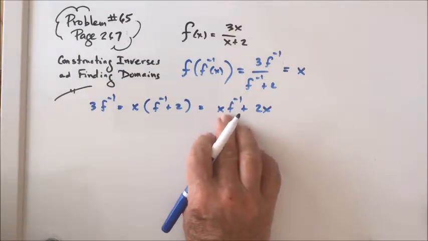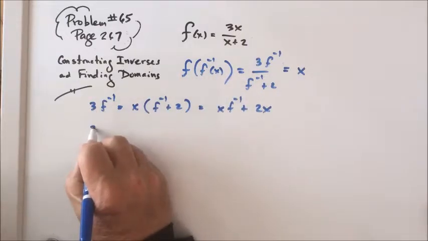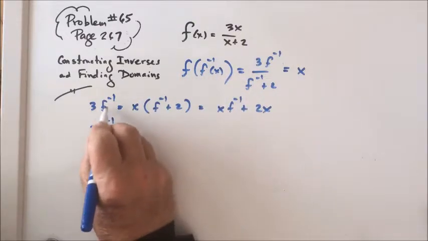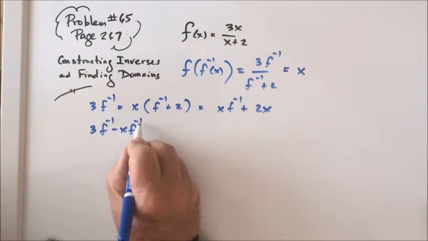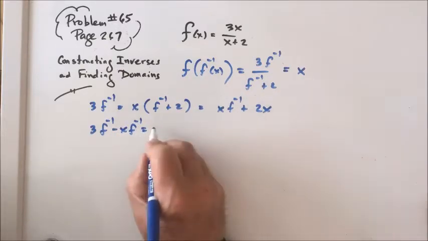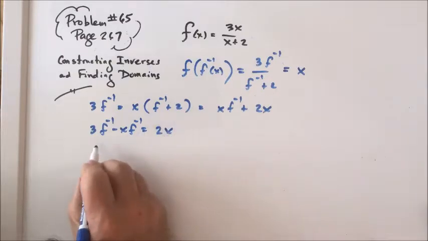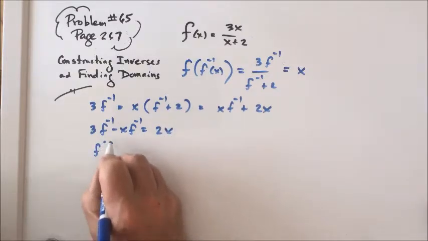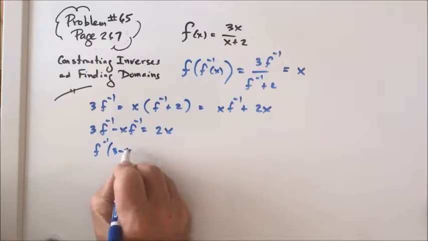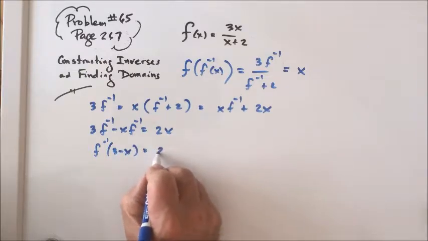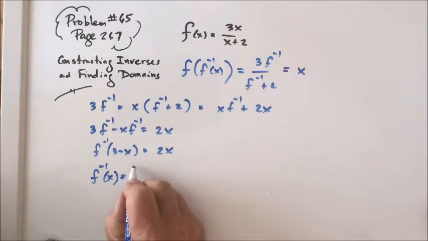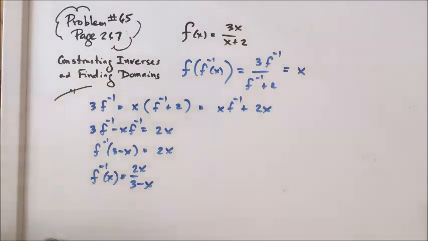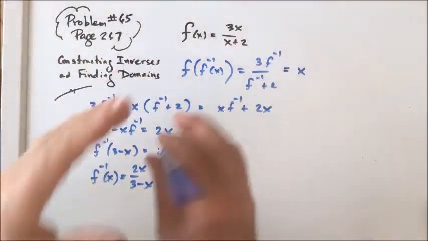If I bring this back over to the left-hand side, I get 3 f to the minus 1 minus x f to the minus 1 is equal to what's left, 2x. And I get f to the minus 1 times 3 minus x is equal to 2x, and therefore f to the minus 1 of x is equal to 2x all over 3 minus x. So there's the inverse of this function.